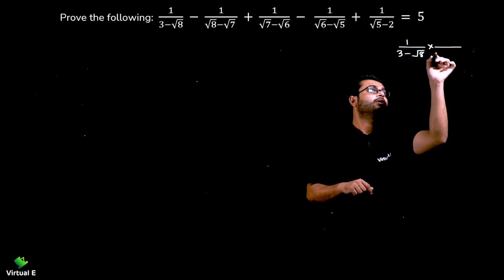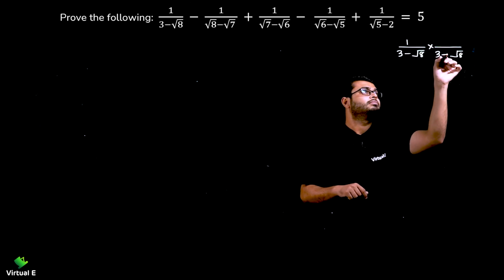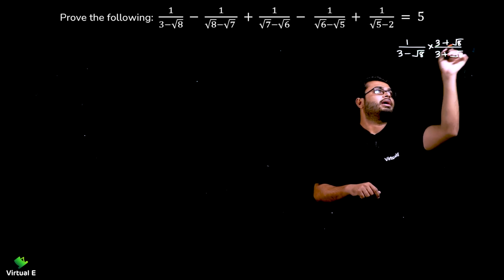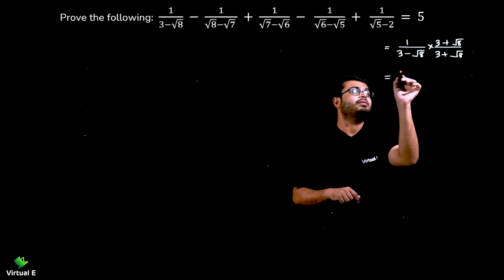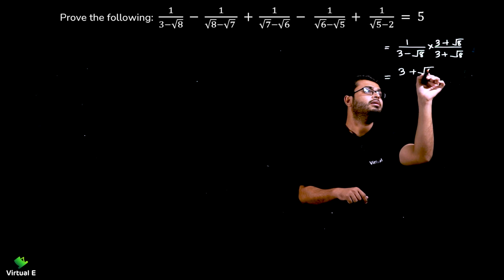Simply what we are going to do, 3 and root 8, as it is minus, we'll write plus, and here 3 plus root 8. Done? So let's simplify further. Anything multiplied by 1 is going to remain same. 3 plus root 8. Done?